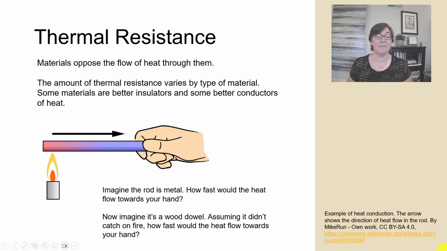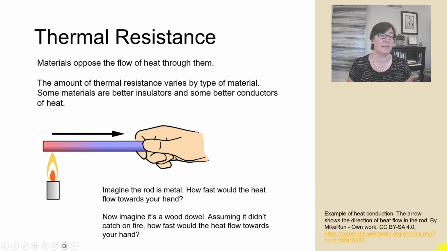Let's go ahead and imagine that this rod in this example is metal, and we hold it over a heat source like this flame. How fast is that heat going to flow towards your hand through that metal rod, through that physical material? All right, now that you have that in your mind, pretty fast, right?